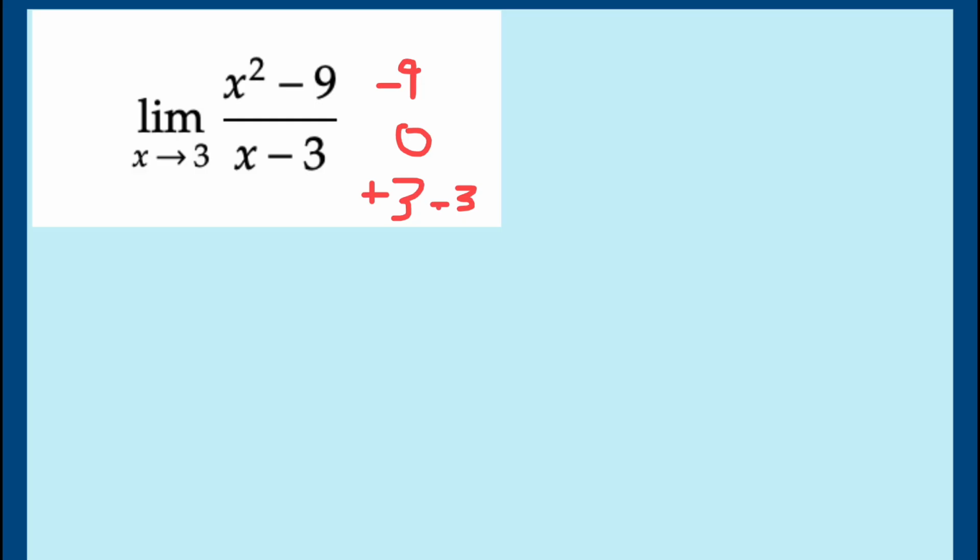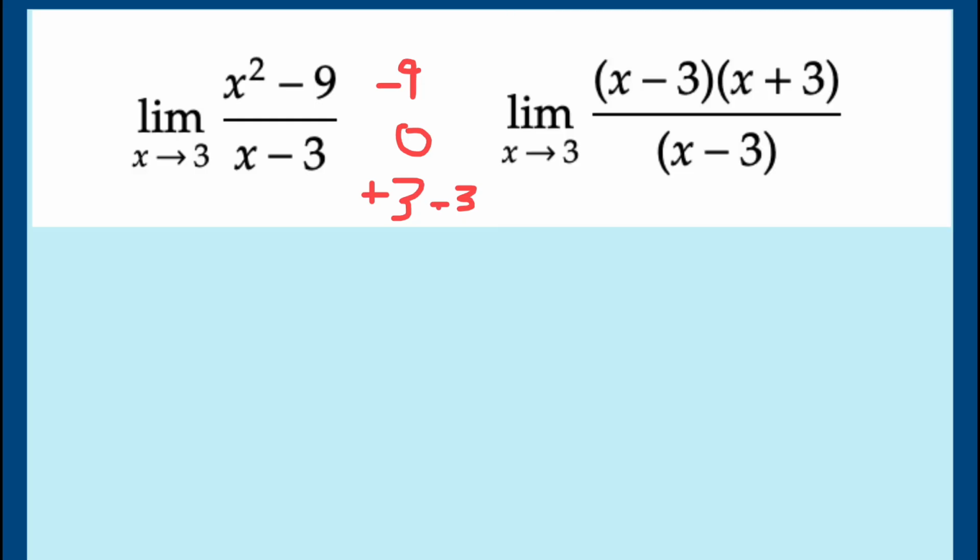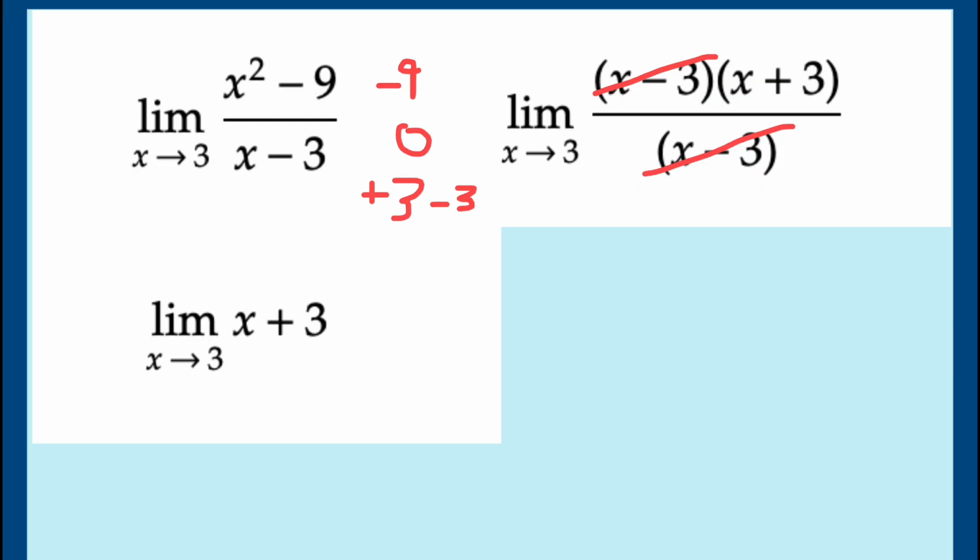So I'm going to rewrite the limit statement as the limit as x approaches 3 of (x minus 3) times (x plus 3), all divided by x minus 3. So I know that x minus 3 on the numerator and x minus 3 in the denominator cancel out. And now I'm left with the limit as x approaches 3 of x plus 3.